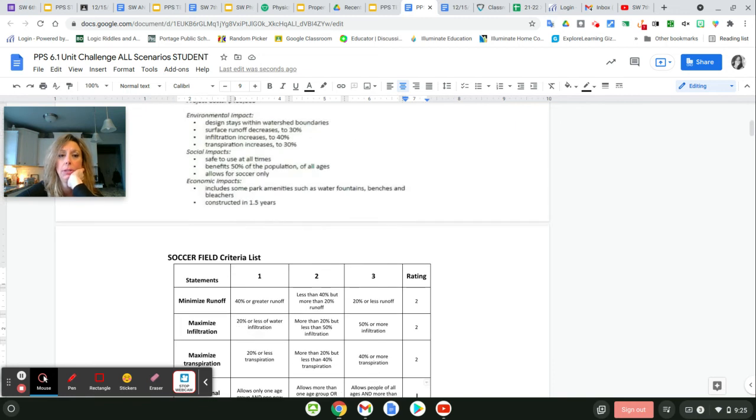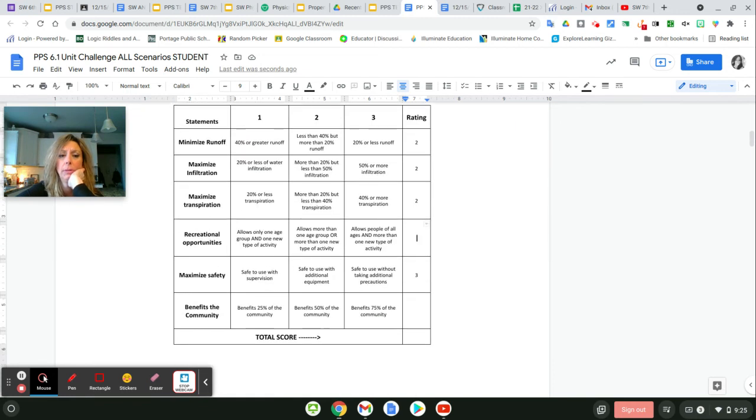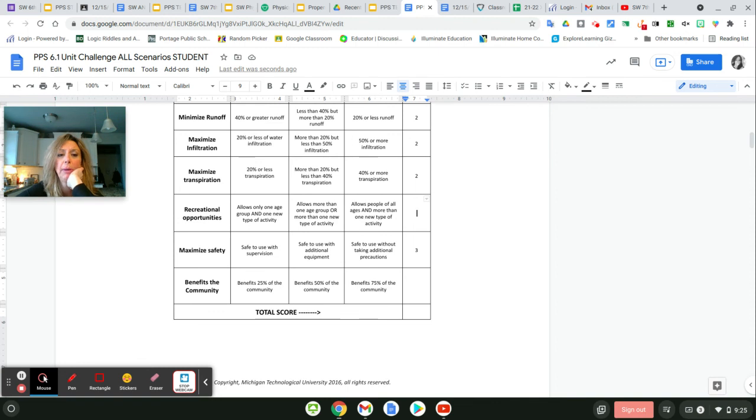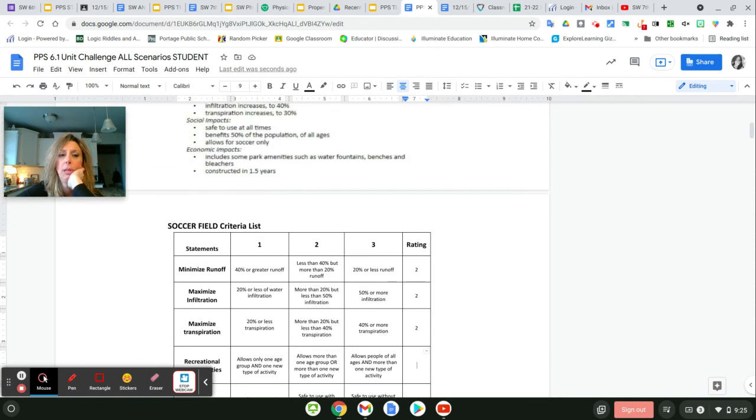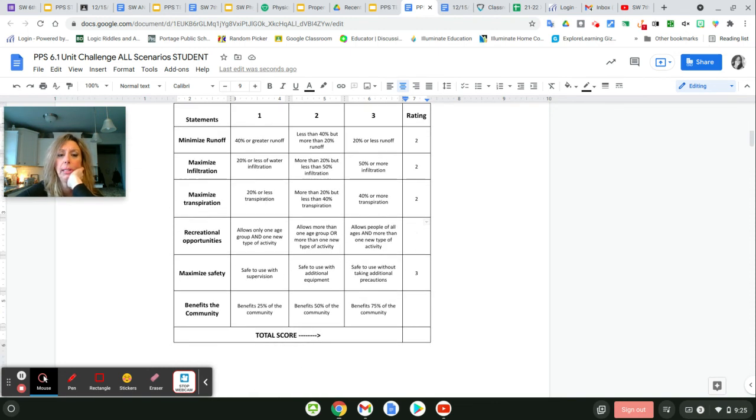Well, all ages, but only 50% of the population, and allows for soccer only. So I think that would be a 2. Because it allows all ages. So that would not be a 1, because 1 says allows only one age group.